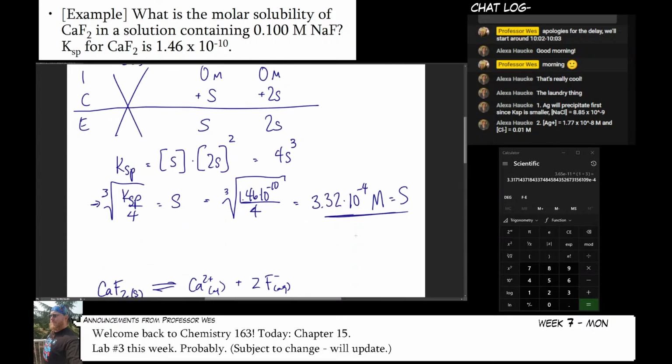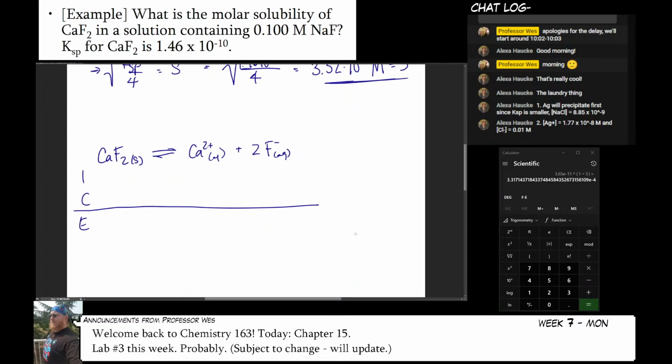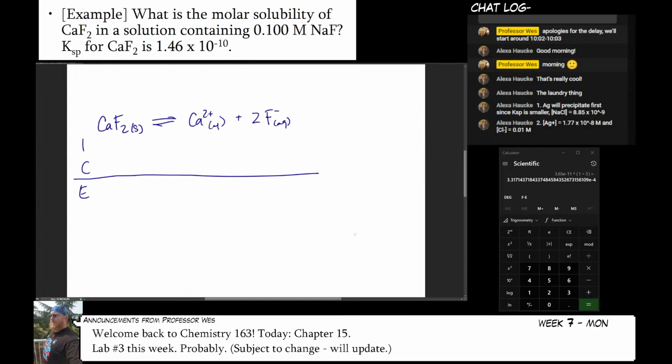All right, we're going to do the same problem again, and we're going to compare the result. But this time, I'm going to add this, which dissociates into these things, and you can see that one of those is already present. So how much calcium do I start with? Well, there's none. But how much fluoride do I start with?